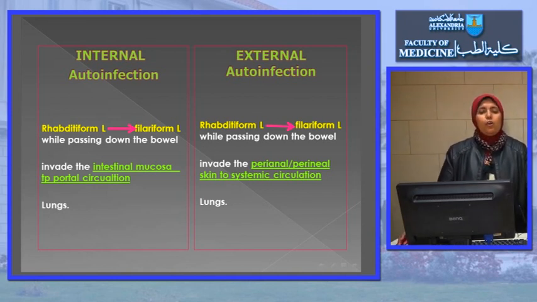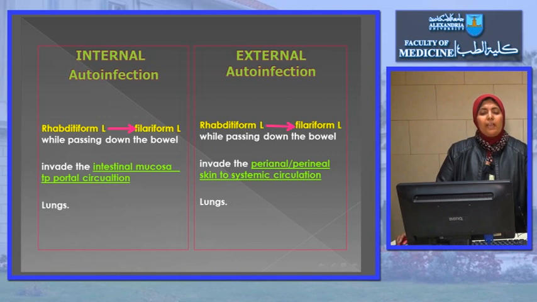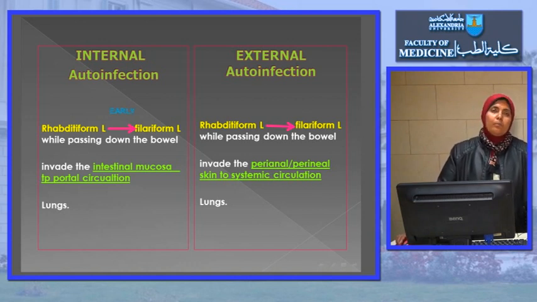In the internal autoinfection, as we agreed, the rhabditiform larvae will change to filariform larvae during their passage down the bowel. This happens, as we agreed, in constipated patients. But the difference between the internal and the external autoinfection is when this rhabditiform larvae changes to filariform larvae.